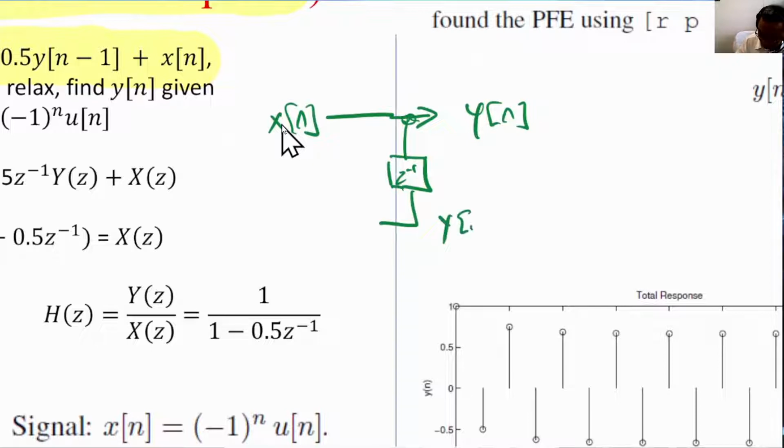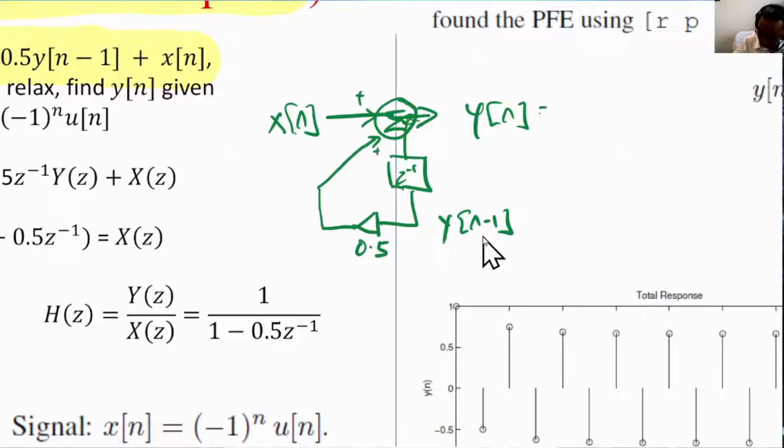So therefore this is y[n minus 1]. And now we multiply by 0.5. So at the output is 0.5 times y[n minus 1], and we sum together. So this is plus and plus. So therefore the output is x[n] plus 0.5 y[n minus 1].